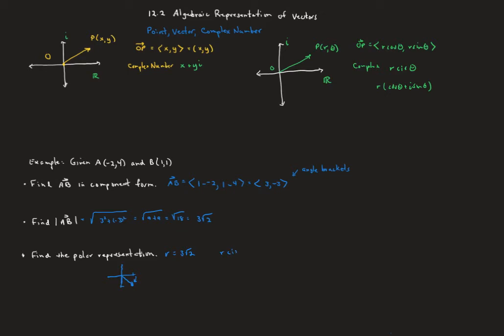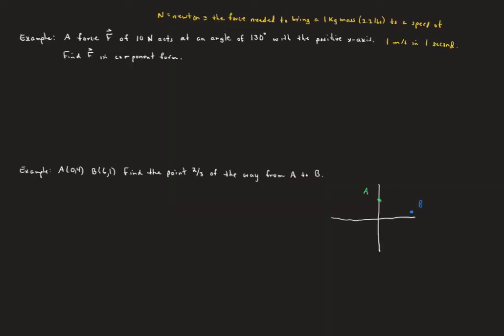So we can go r cis theta if you like, which is going to be 3 square root of 2, and we can call it cis of -45 degrees. Or if you prefer, and this is interchangeable, we could go with 315 if we preferred to get a positive angle.